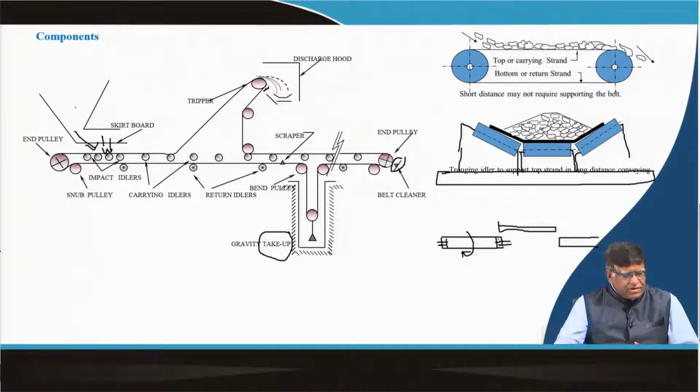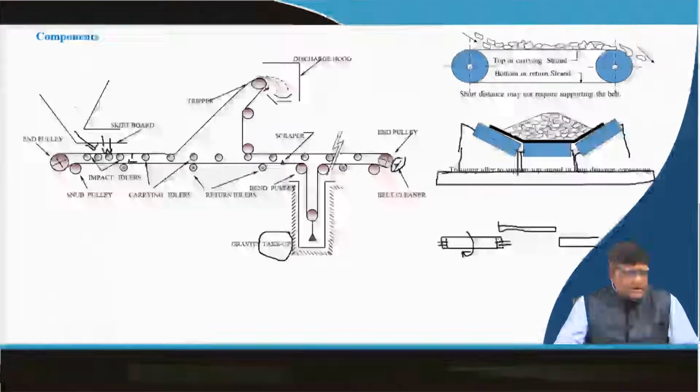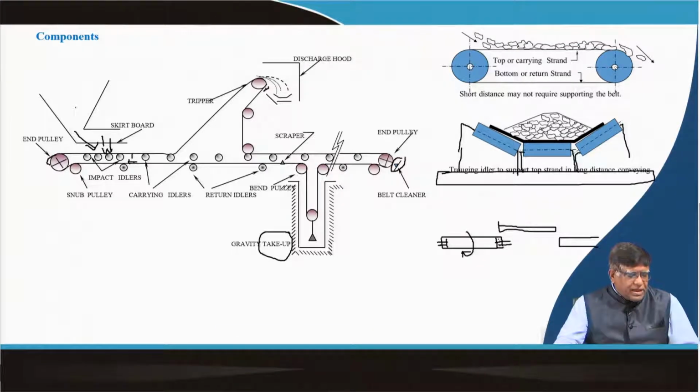Now, there is another thing you write down here. If some material falls into that return side, what will happen? This material will be carried like that. Now, if this material gets trapped in between the pulley and this belt, then it will create a lump in the belt, as material gets stuck in between.